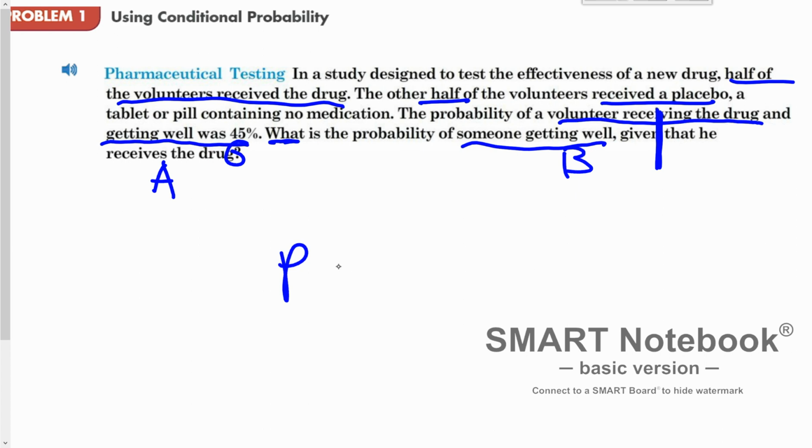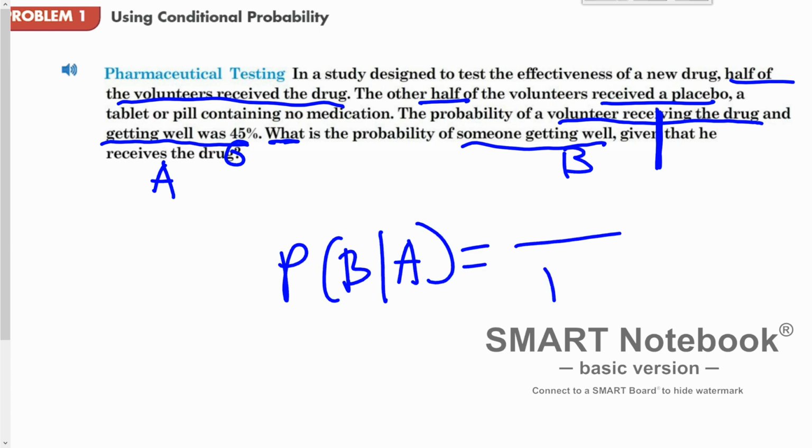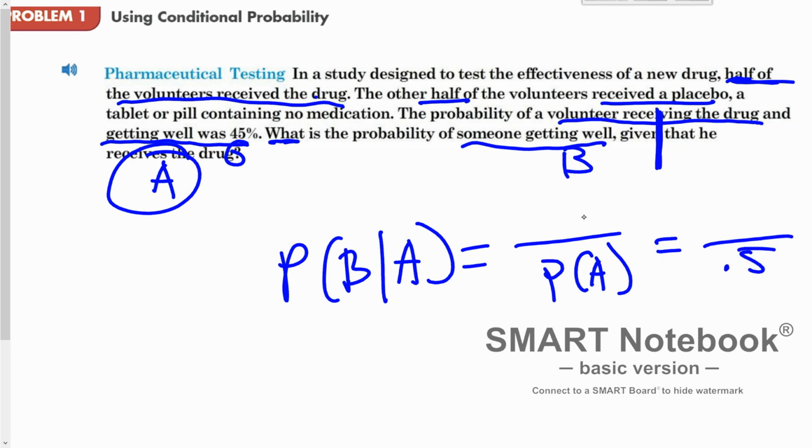So I want to find the probability of B given A, and that'd be the probability of A on the bottom. What's the probability of A, receiving the drug? Right here, half of the volunteers received the drug, so that'd be 0.5. And then my top is not just B, but A and B. So that'd be receiving the drug and getting well.